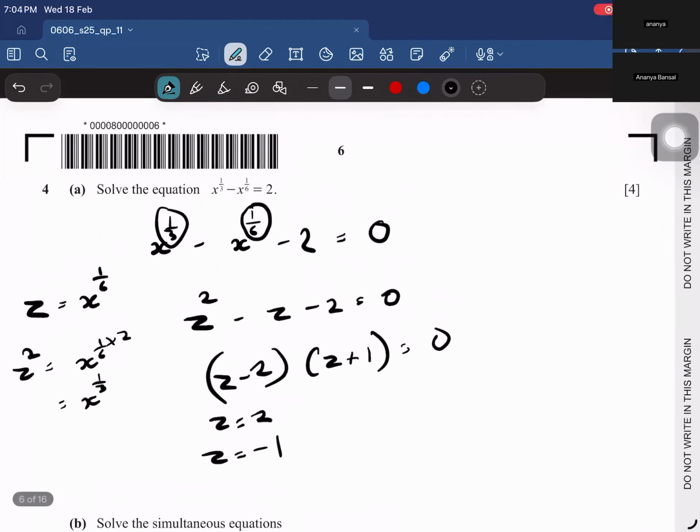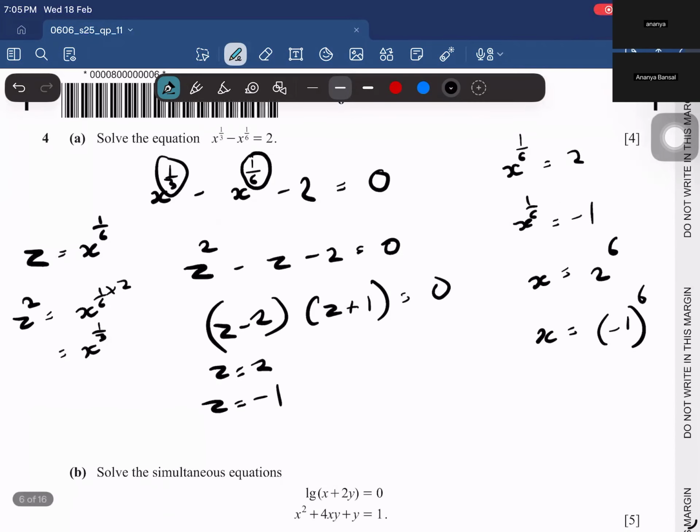So x to the power 1 over 6 equals 2, or x to the power 1 over 6 equals negative 1. Using logs, or you could just power both sides by 6 in both cases, you get x equals 2 to the power 6, or x equals negative 1 to the power 6.